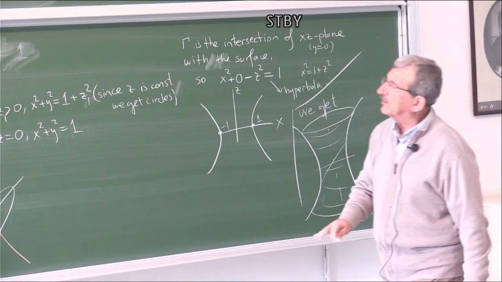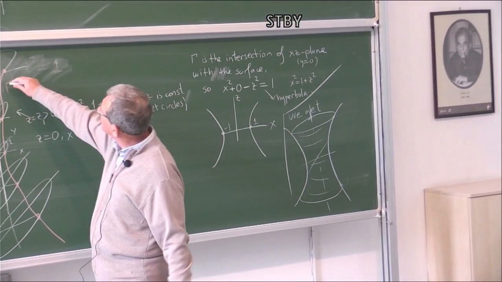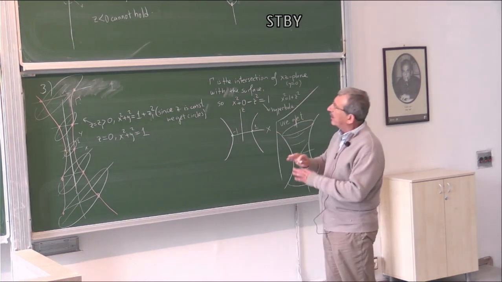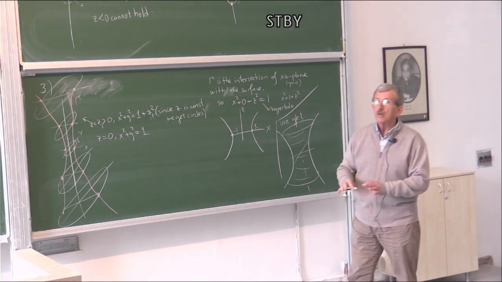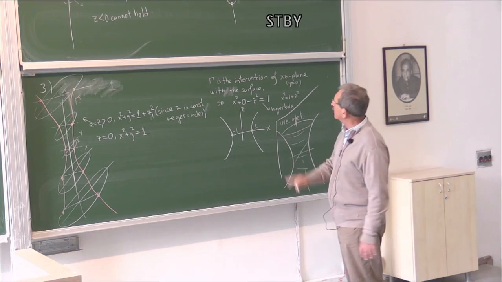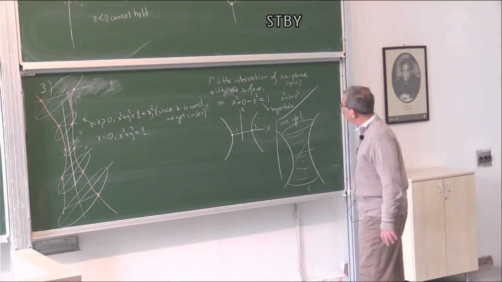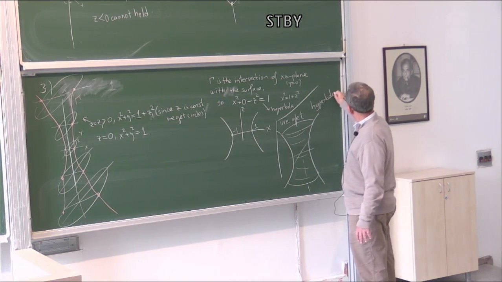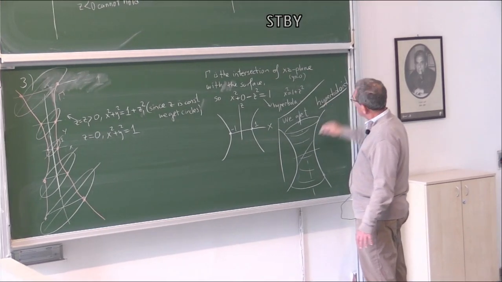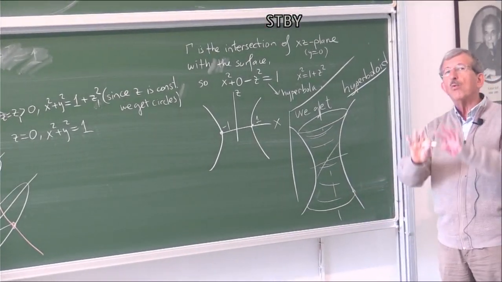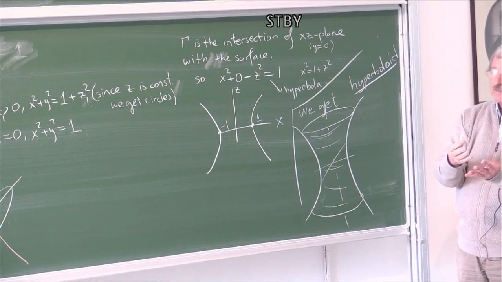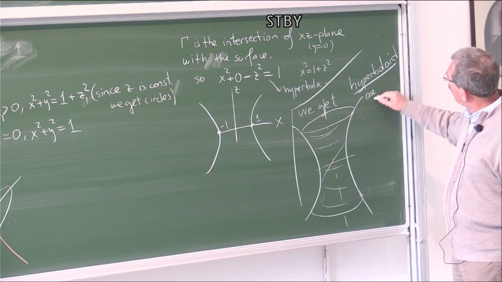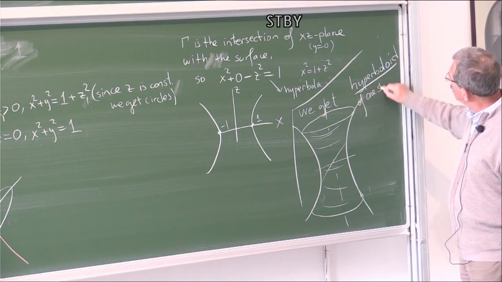I will comment about this later. Normally, just looking at such a gamma alone would not suffice, but for quadrics, if you have an x squared plus y squared term, it will be sufficient. I will comment on it later. This is called a hyperboloid. Because the surface consists of one piece, this will be meaningful in the next example. It's called a hyperboloid of one sheet.